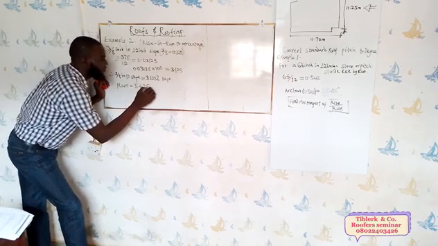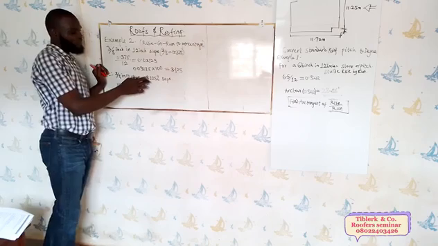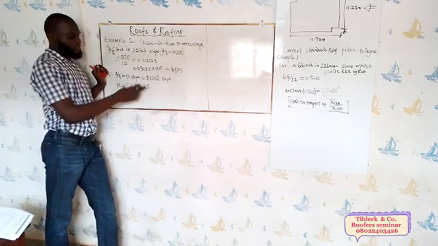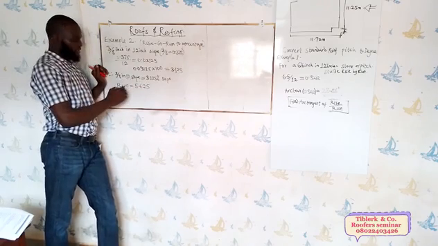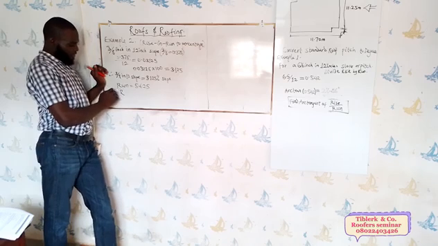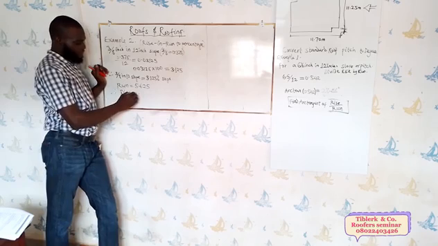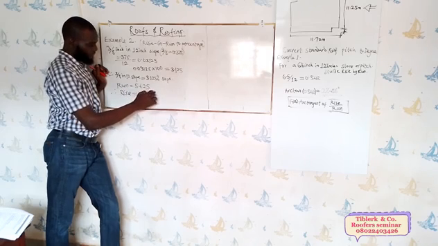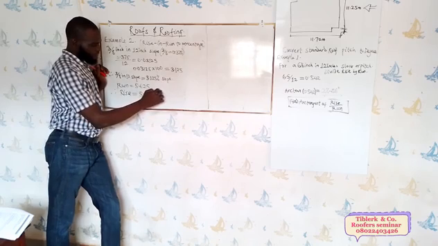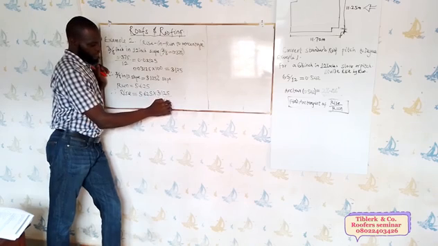Now, when I want to use a rise of 3.125%, it means this percentage of the run is what our rise will be. Therefore, our rise will be equal to 5.625 times 3.125 over 100.